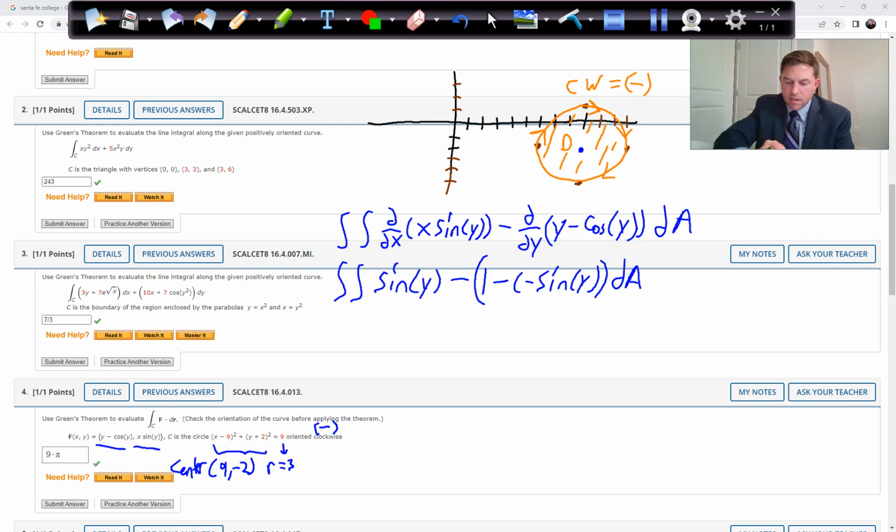And so what we get is sine y minus minus minus, triple minus y, which would still be minus y. So let me kind of cut to the chase here, this is going to be minus 1. Now where did I pick up the minus sign? Where did I put that in?